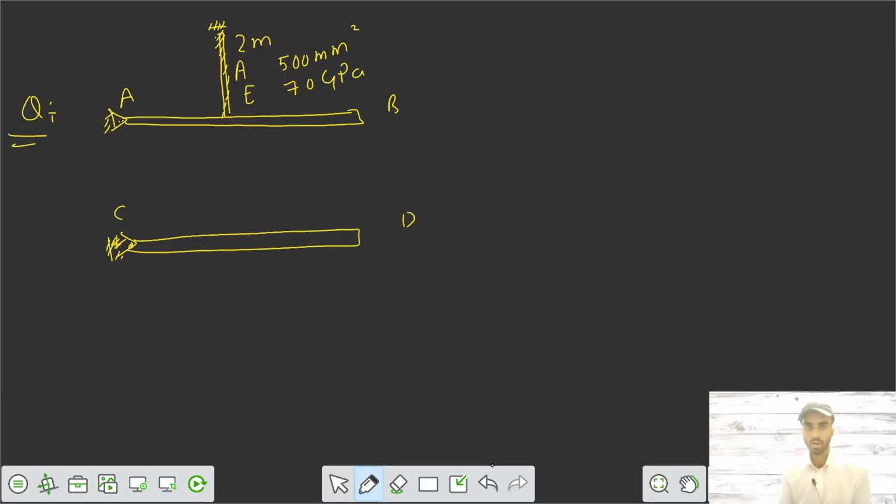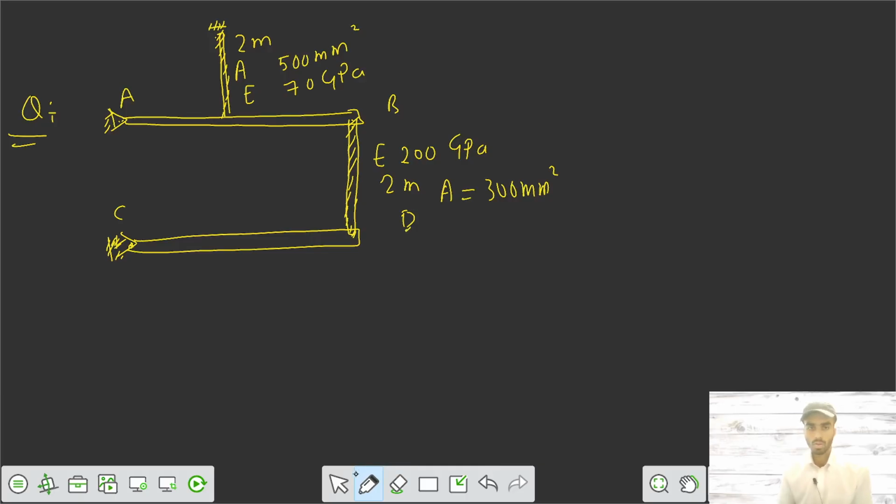The next bar is connected here between B and D this way. It's made up of steel, Young's modulus of elasticity is 200 gigapascal, length of 2 meter, and area is 300 mm square.